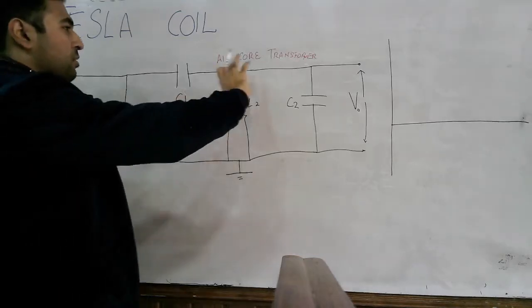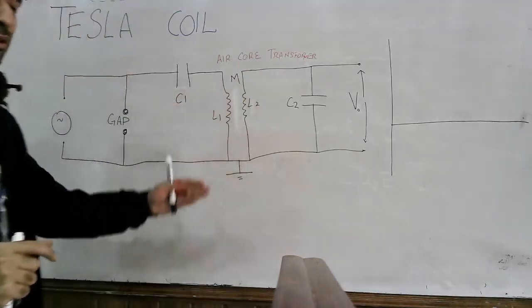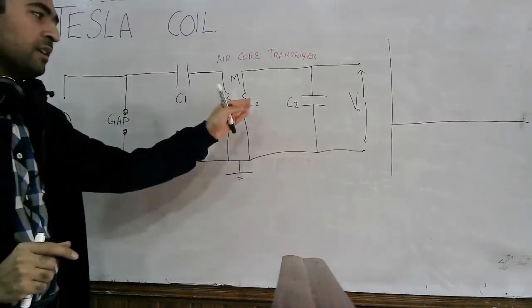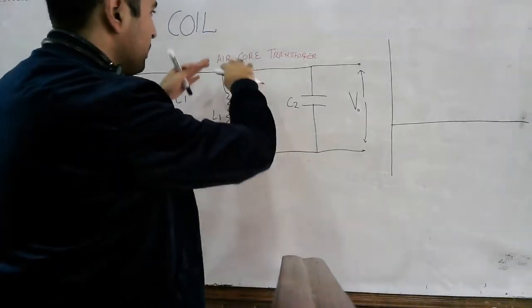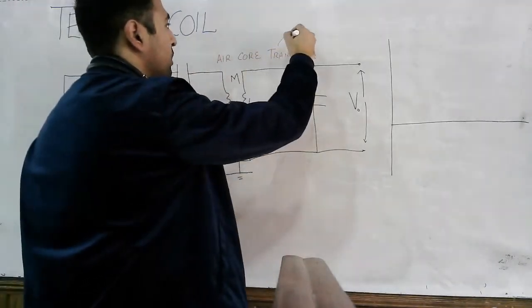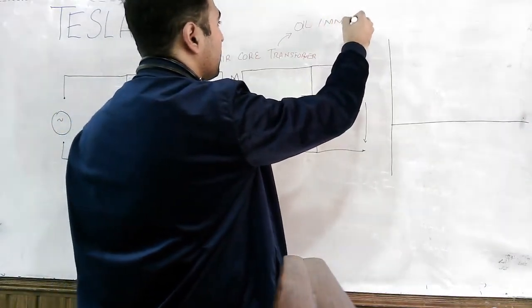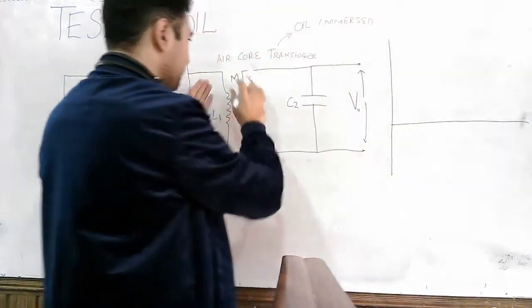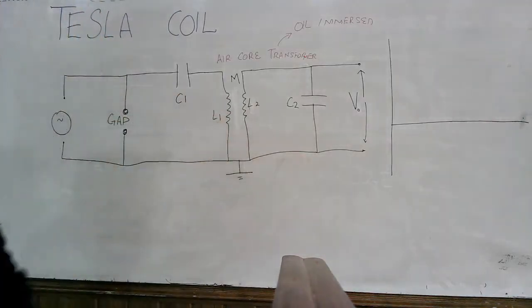Now this air core transformer means that here you have two coils or two windings, the primary winding and the secondary winding, and these windings of this air core transformer are immersed in oil. Now why is this transformer immersed in oil? For the purpose of cooling.